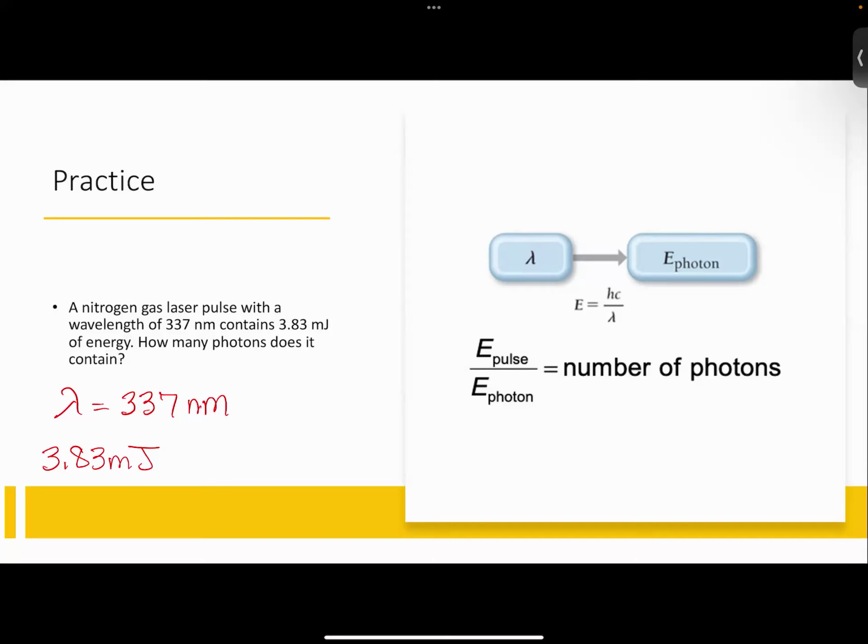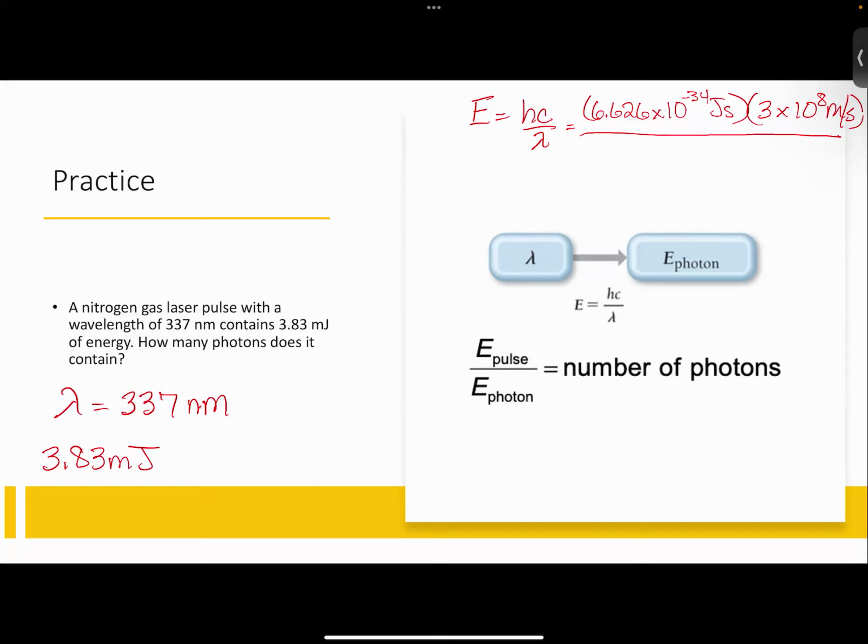Now, to get to that, we have to first figure out the energy of the photon. We're going to figure out the energy of the photon using the equation that we used previously, which I gave you, which was E is equal to hc over lambda. h is 6.626 times 10 to the minus 34 joule seconds. The speed of light is 3 times 10 to the 8 meters per second.